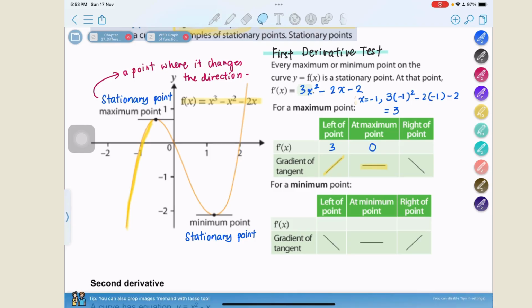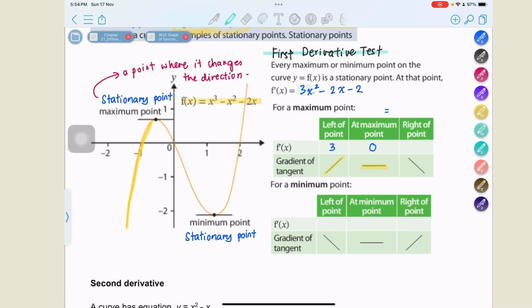Okay, so next part, how do we know our left point? For the left point, all the way from the right point, before we hit the maximum value, we can take any value to work out our gradient. First of all, I will take 0 for x.